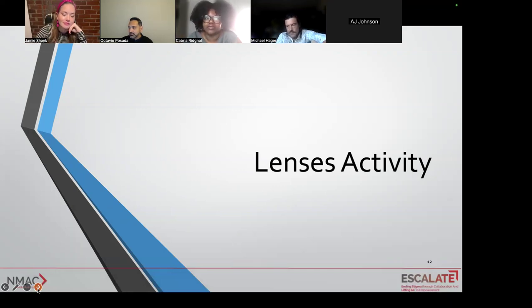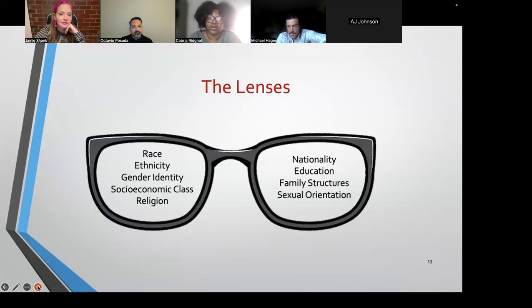This activity was taken from the Escalate training that is focused on ending stigma. Next slide, Jamie. We'll be exploring some of our lenses. Our lenses are tied to our identities, which help shape the world around us. Our perception is also shaped by our culture and our experience. These are just a few examples of some lenses.